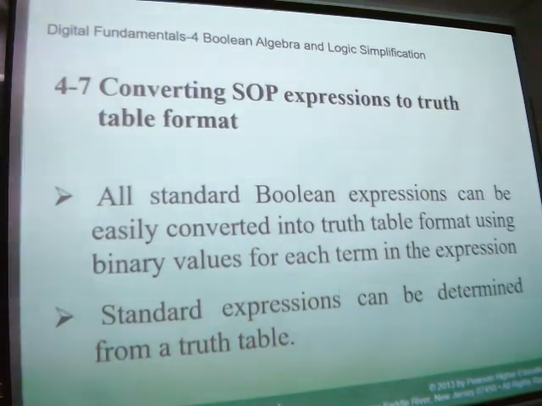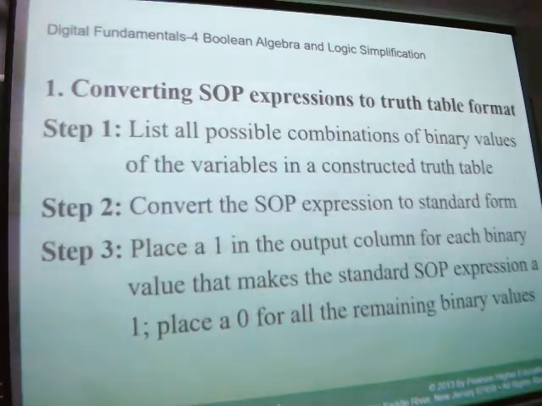Then, how to convert SOP expressions to truth tables? All standard Boolean expressions can be easily converted into truth tables using binary values for each term in the expression. Then standard expressions can be determined from truth tables.